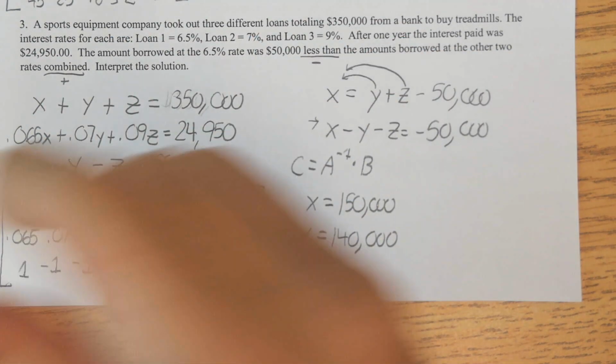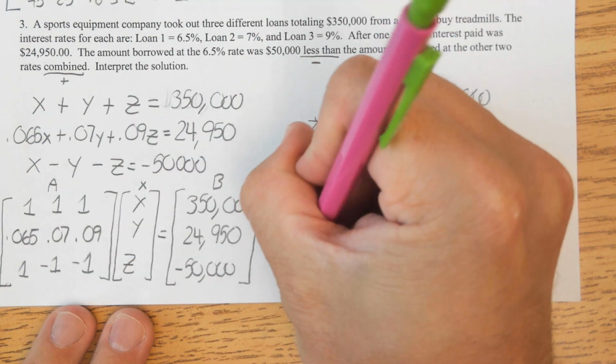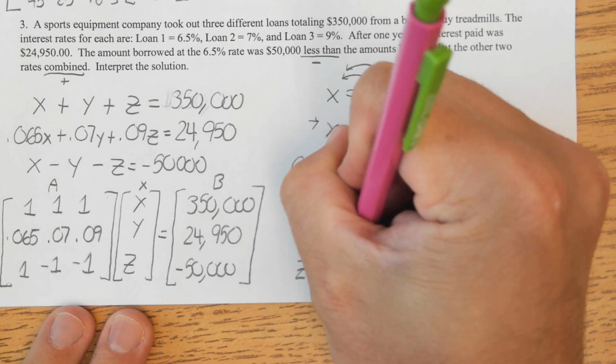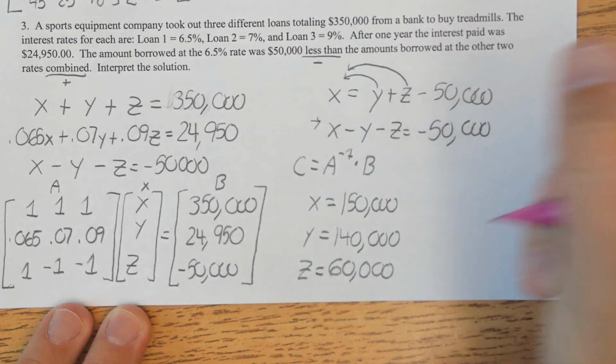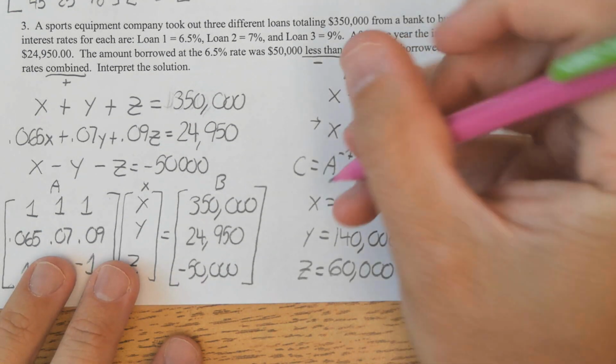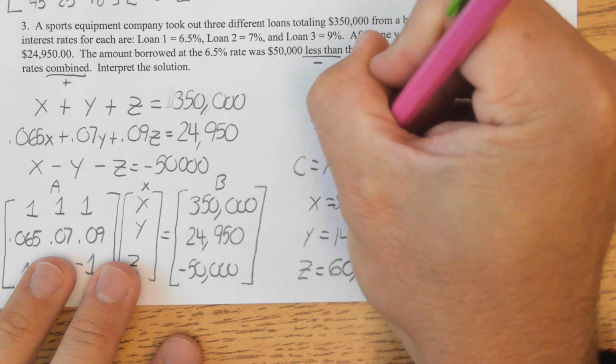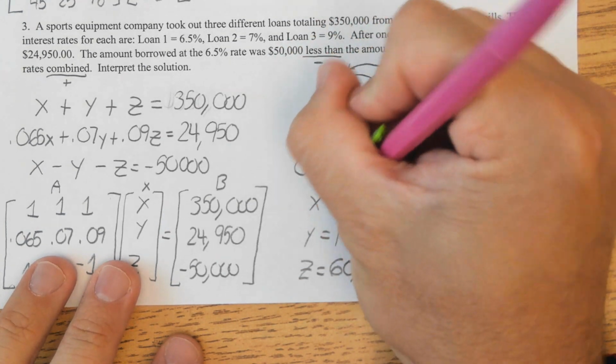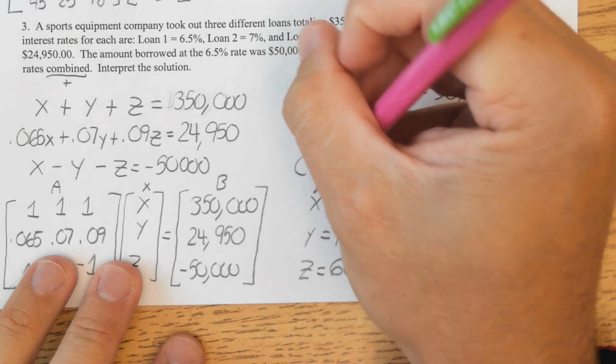And then Z equals 60,000. And there you go. I forgot the money signs, but you guys get the point.